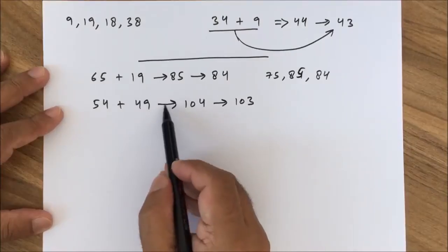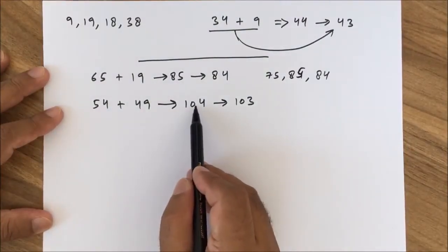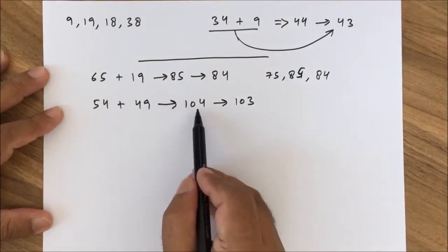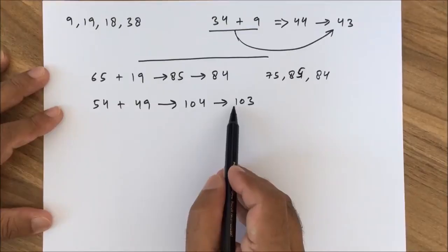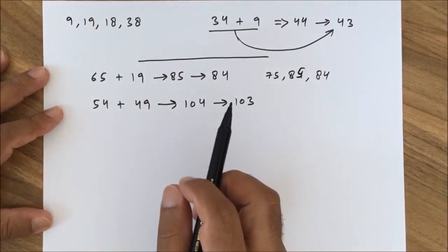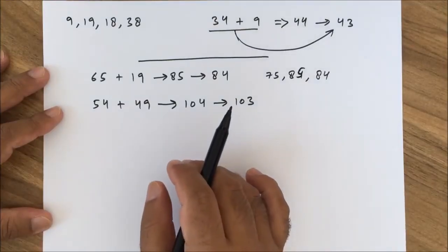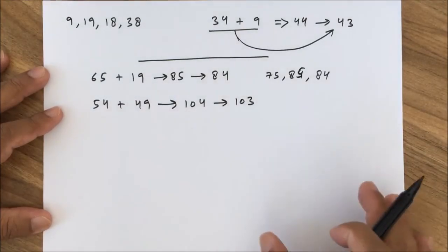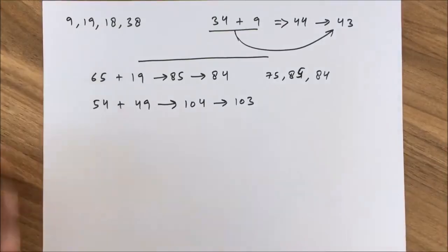I put arrows because 54 plus 49 is not equal to 104. That's why I don't write an equal sign, but in your mind it should be right away 104 and then 103. With a little practice, this process of thinking is so fast that before grabbing your calculator, or before some other person grabs the calculator, you will get the answer to the question. Okay, do this practice and then we'll move on.